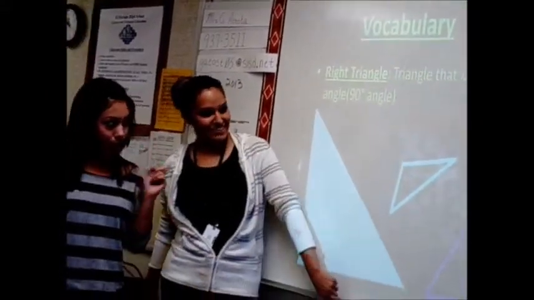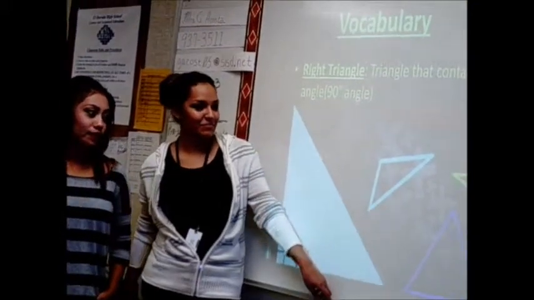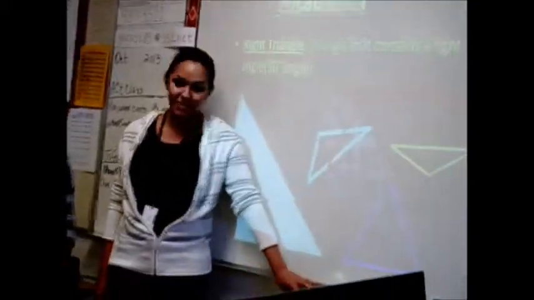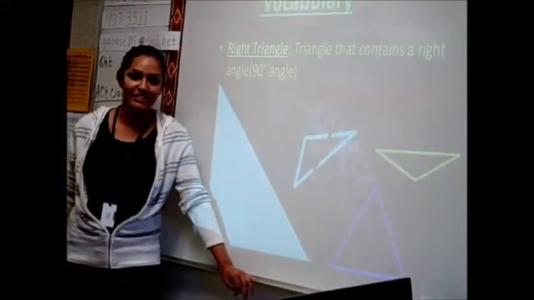Oh, no. Correct, it's not. Chris, is this a right triangle? No. Why not? Because it doesn't have the one line straight in the other one, the 90 degree. And then is this one? No. Why not? Because it doesn't have the 90 degree angle. Correct.